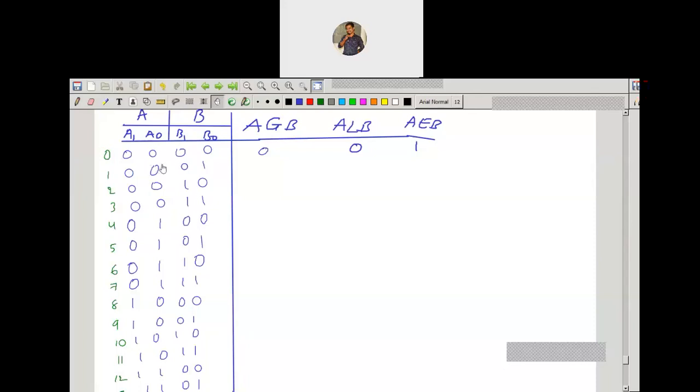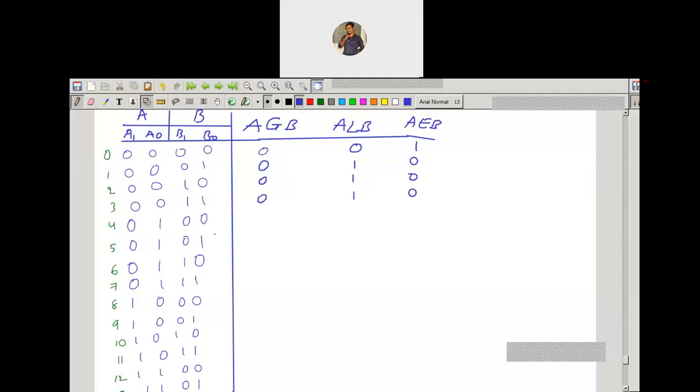Obviously 0 is less than 1, so A less than B is logic 1, and the others are 0. Now the third case, obviously A less than B, so 0 1 0. And fourth case, A value 0 0, B value 1 1. That is A value 0, B value 3. So obviously again 0 1 0.